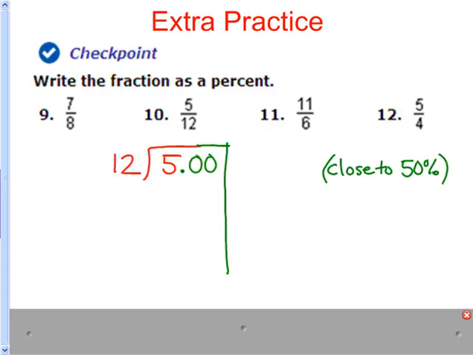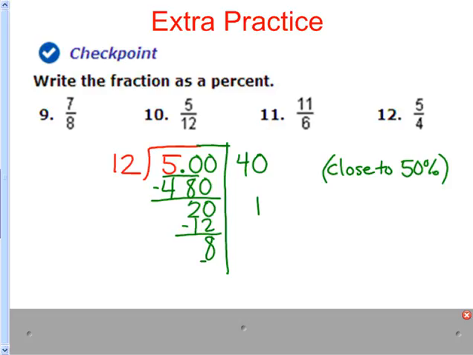All right, let's see. Well, I know 12 times 4 is 48. So 12 times 40 would give me 480. That'll give me a remainder of 20. 12 can go into 20 one more time. 1 times 12 is 12. When I subtract, I'm going to get a remainder of 8.